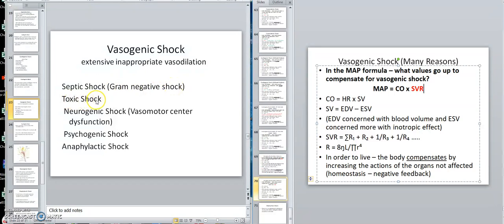Same with toxic shock, same with counteracting the histamine. This is a little different than the others in that so many things are impacting those blood vessels. It may be able to override histamine or override the endotoxin or the staph and so forth.